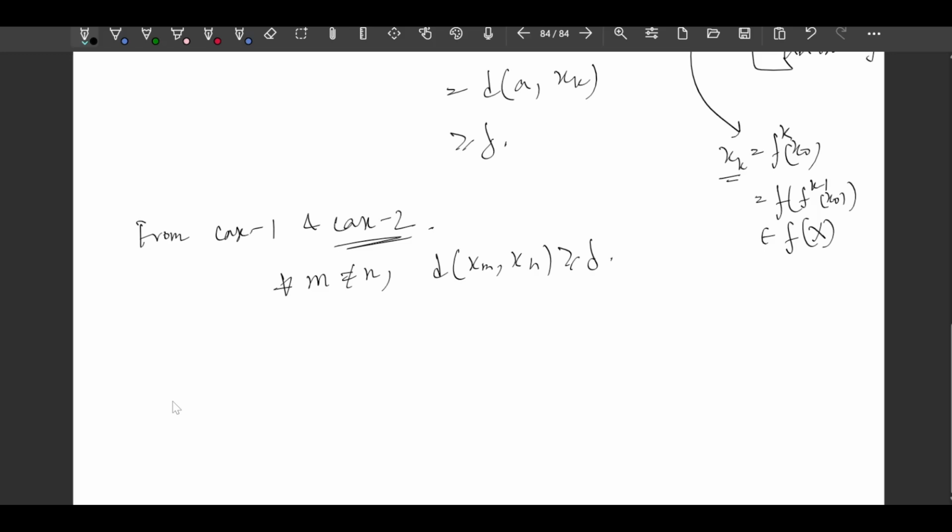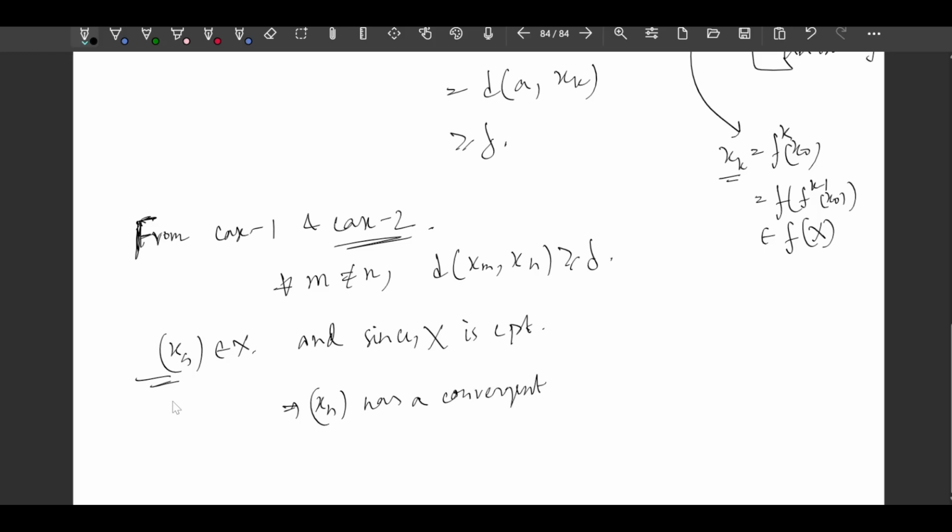But delta is strictly greater than 0. ओके, नाउ मैं फिर से वो चीज फिर से कह दे रहा हूँ जो थोड़ी देर पहले बोला था, कॉन्ट्रडिक्शन कैसे आया, क्या आया, ठीक है। तो now we have a sequence, we have this sequence xn belongs to X, and since X is compact, this implies xn has a convergent subsequence, right?